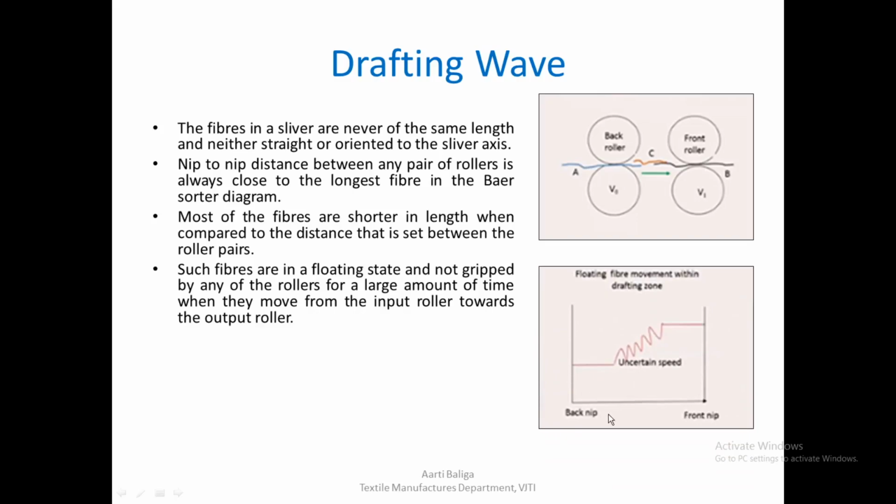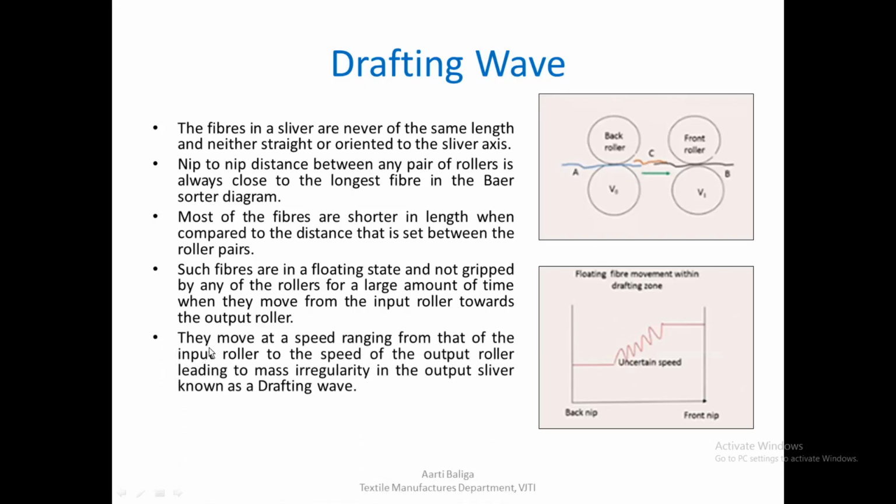And what you can see from this graph is the speed of C. Below the back roller nip, it would be running at the speed V2, and when it reaches the front roller, V1 would be the speed for this particular floating fiber C. But in between, it would be running at an uncertain speed depending on which fibers have more influence on this particular fiber.